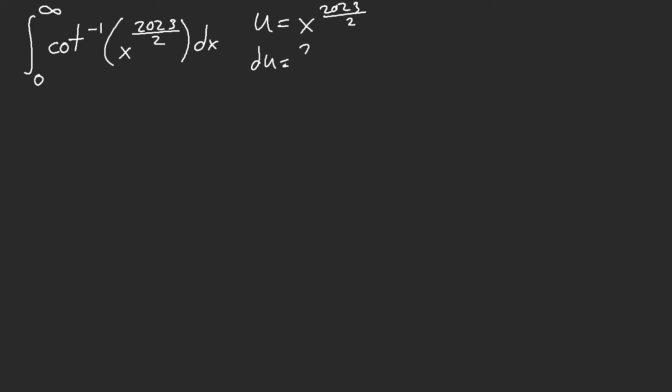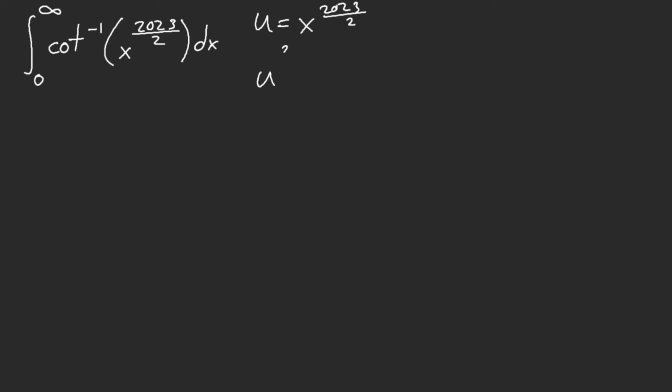So we have 2023 over 2 x to the power of 2023 over 2 minus 1, which would be 2021 over 2, dx, right? Obviously, we don't have this portion, so we're going to do a forced u-substitution.